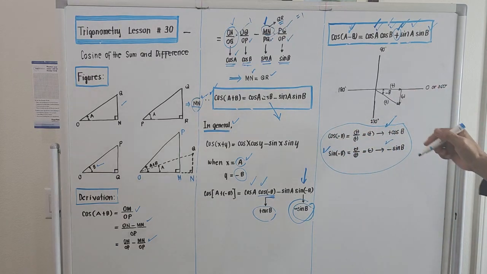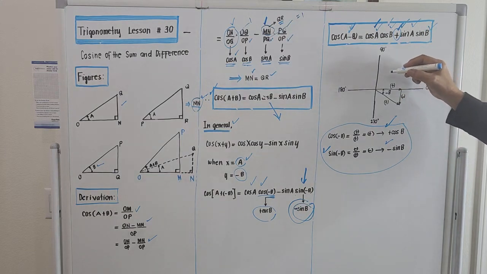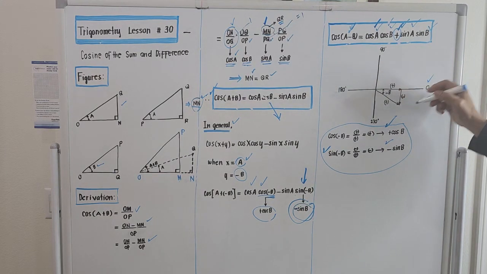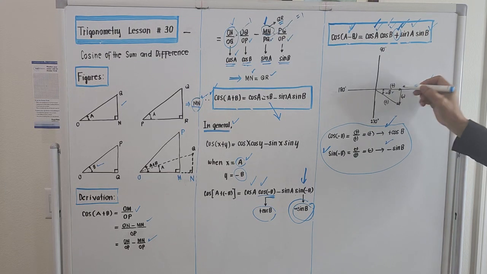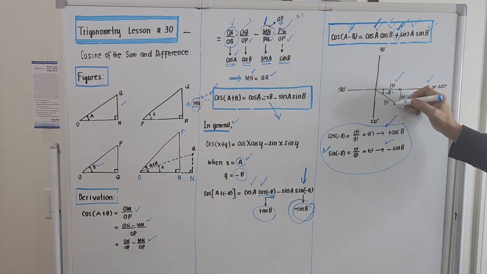If the second angle is a negative B, it should be measured clockwise with reference to 0. So this is negative B, right? The real part or the horizontal part is plus, the vertical part is downwards, it's minus. The hypotenuse is always a plus.